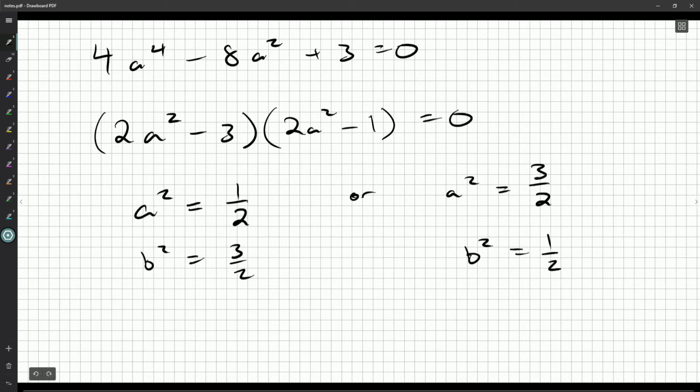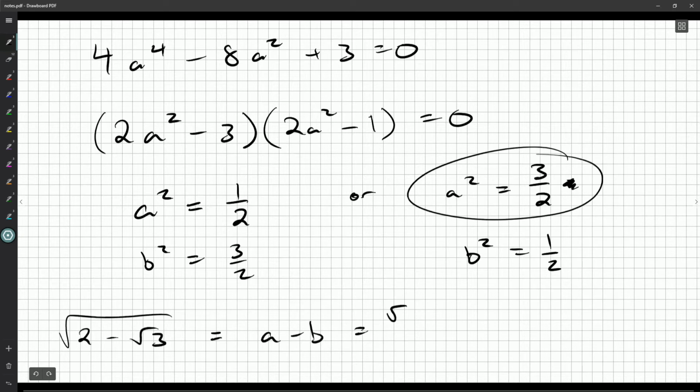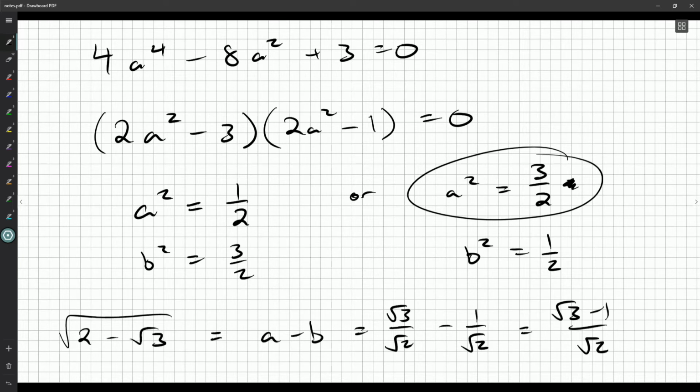So we get a plus b. Actually, we need a minus b because that's the square root there. So square root 2 minus root 3 should be equal to a minus b. We'll take a to be the bigger one. So root 3 over root 2 minus 1 over root 2, or root 3 minus 1 over root 2. Now, we can double check with our calculator here.